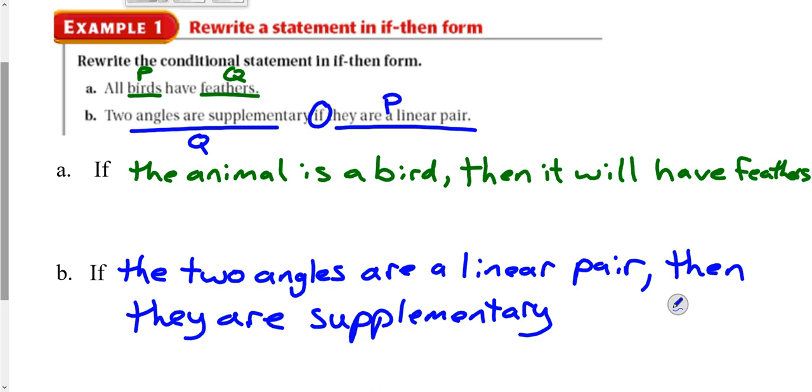So notice we had to reword our conditional statements to get them into if-then form.